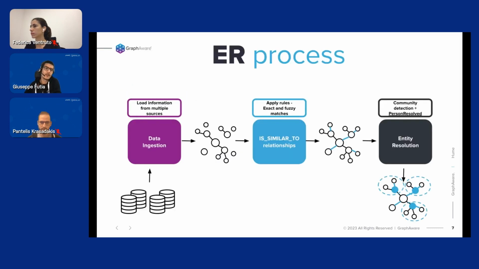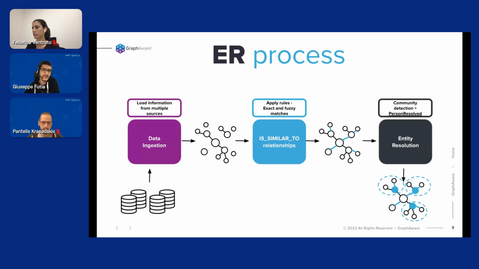This is a simple flow for the entity resolution process. The first step of this flow is connected to the data ingestion phase. So basically, we have to load information from multiple sources. In the second step, we have to compute similarities between the objects, so potentially the nodes that we have ingested in the previous step.